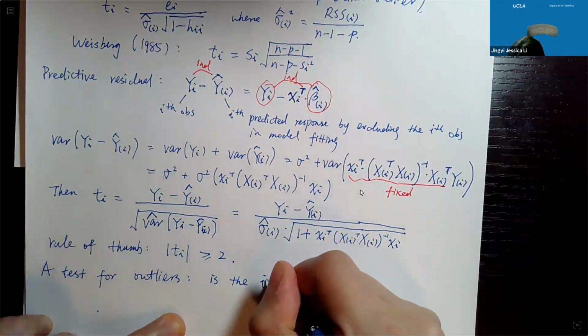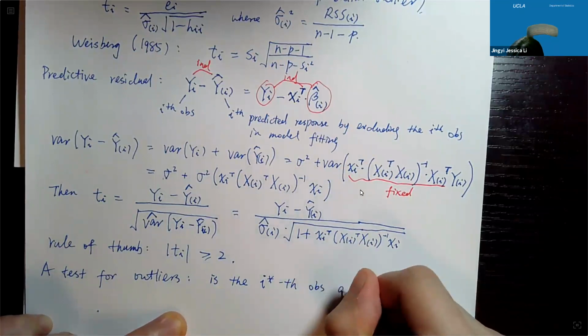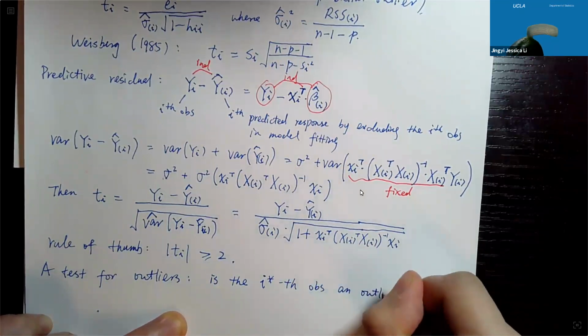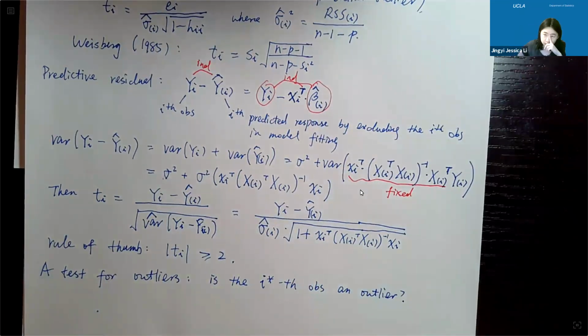Is the I star, as I call this observation, an outlier? If I want to ask this question, then among our n observations, we are only interested in one observation and we want to check whether it's an outlier or not. To answer this question, we can introduce a binary indicator predictor into our model.